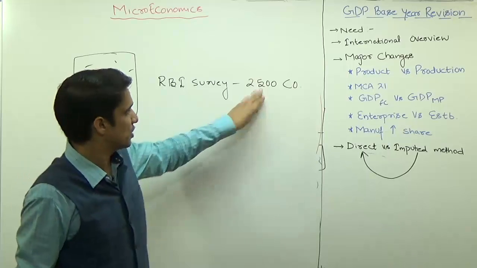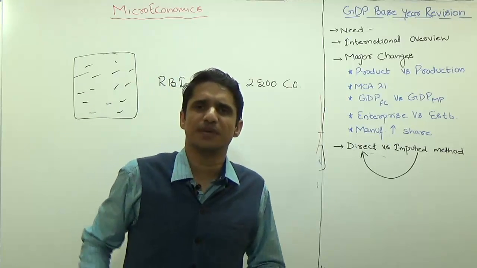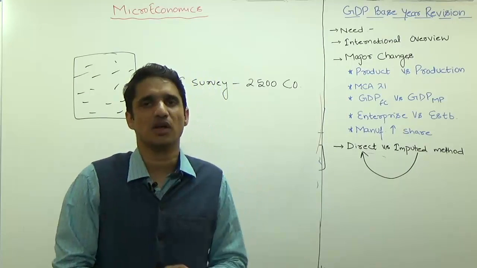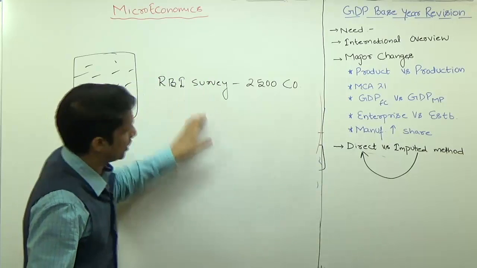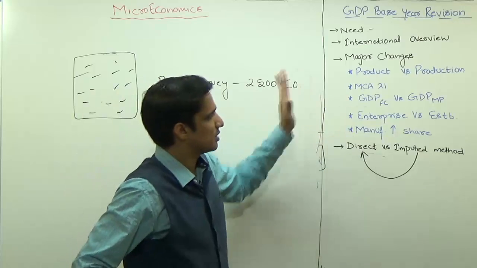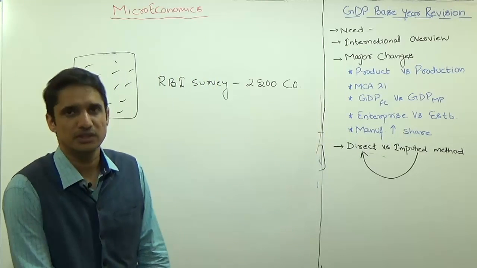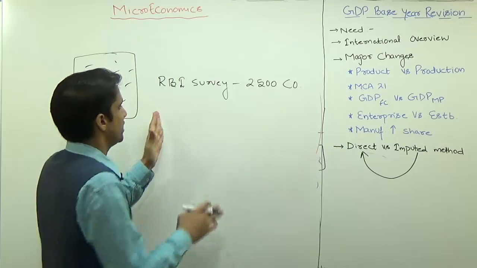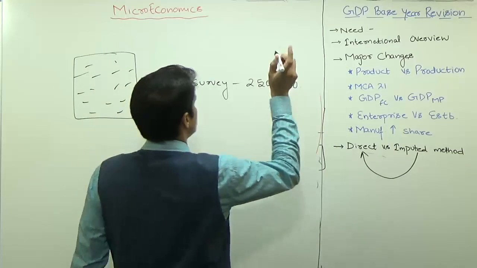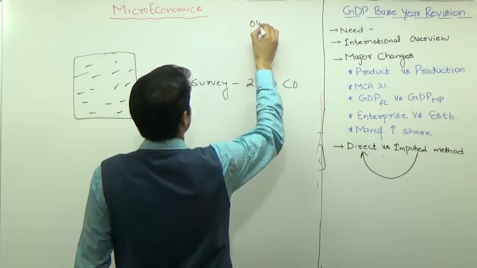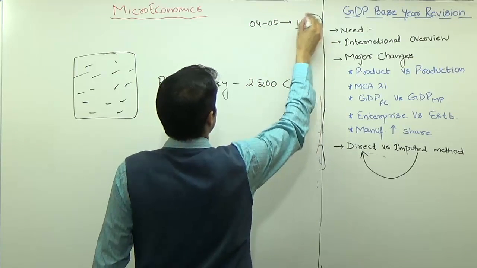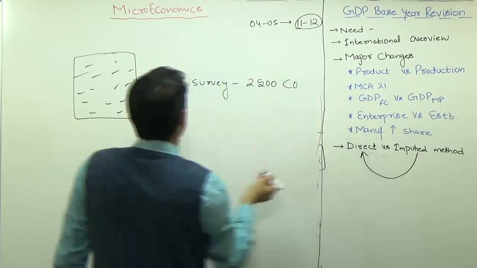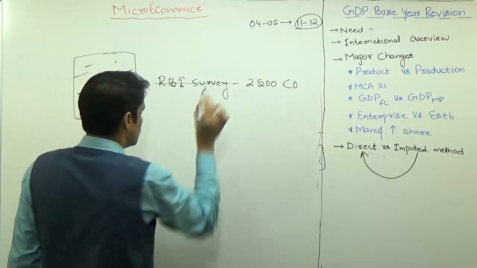Whatever the production of those 2,500 companies was, the RBI was generalizing it across all the companies, which includes MSMEs and all, and finally they were giving the data to the CSO, and the CSO was calculating the value of the GDP. But now it has changed after the GDP base year revision from 2004-5 to 2011-12. In this new GDP base year methodology, the RBI survey will not be used.